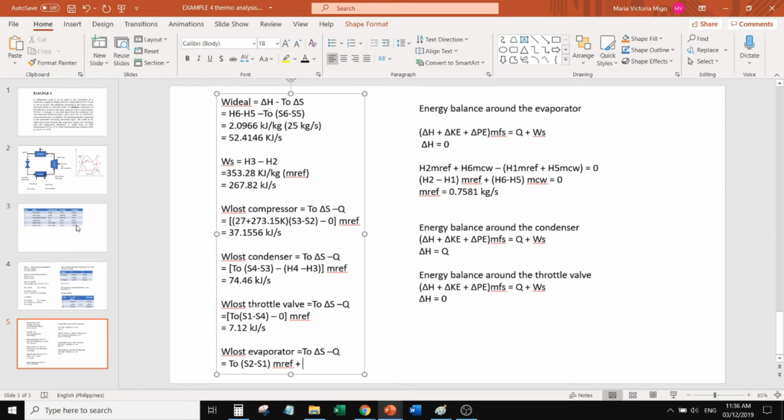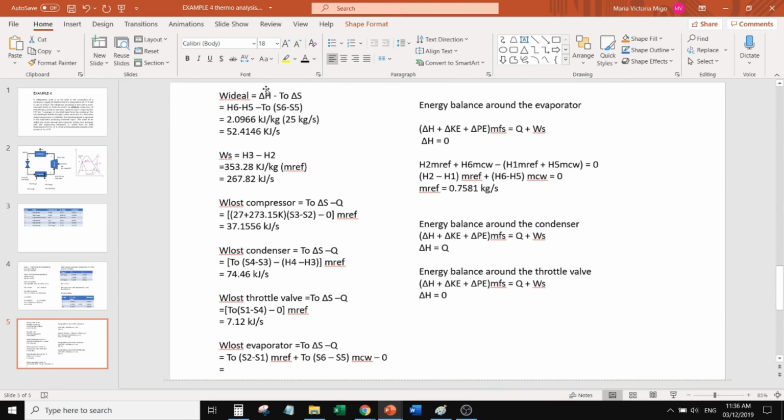So this is for the refrigerant stream, and then another one for the chilled water stream. Minus Q. We assume that it's perfectly insulated, so that is 0. Now, plugging in the values, you'll get 96.72 kilojoules per second.